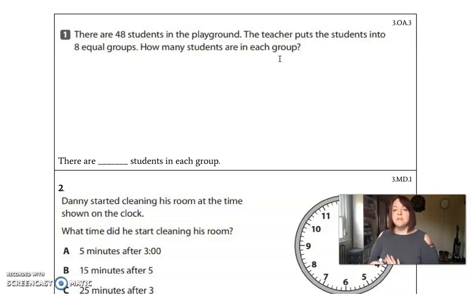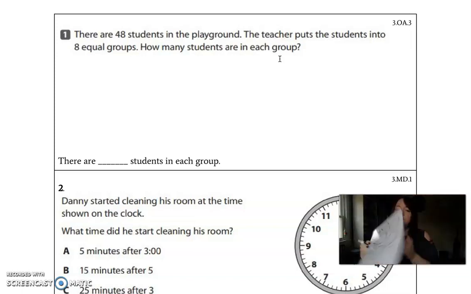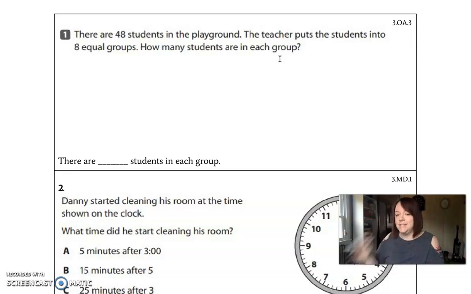The teacher puts them into 8 equal groups. So I'm going to draw 8 equal groups. Okay, I have my 8 equal groups. We need to go until we count to 48. So I'm just going to count.